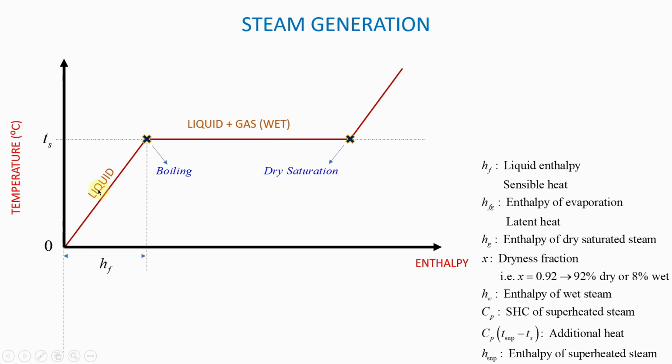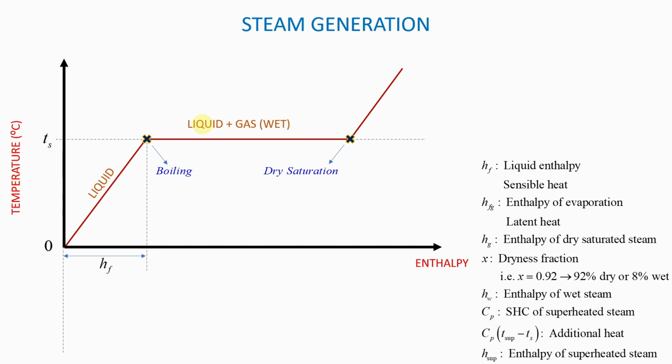So initially you had just liquid and no gas. You added heat in that water to the point where the water began to boil. And the heat that you need to provide to the water to raise its temperature from 0 to boiling temperature, that heat is called HF, which is liquid enthalpy or sensible heat. And then once you reach the boiling point, at this point here, you now begin to have gas forming in your pot.